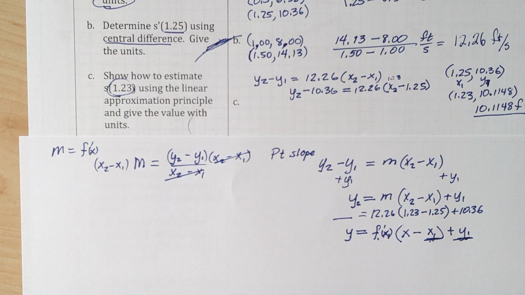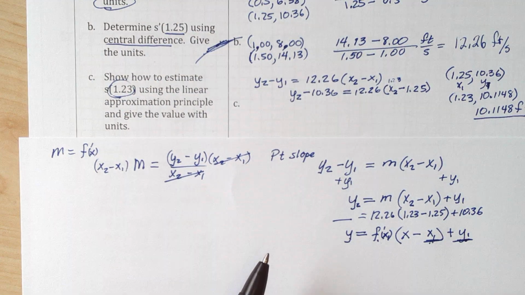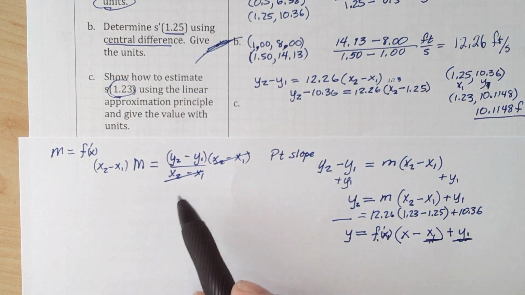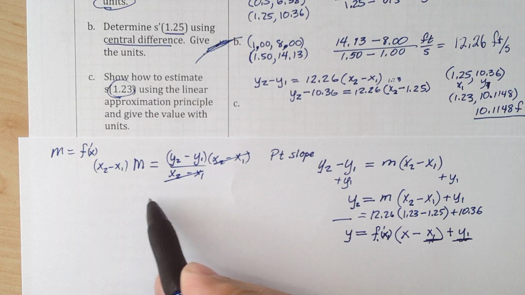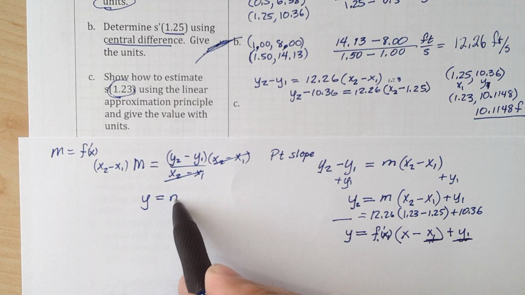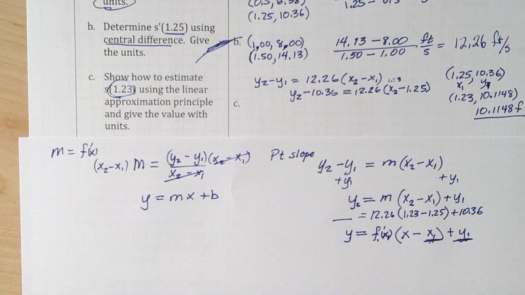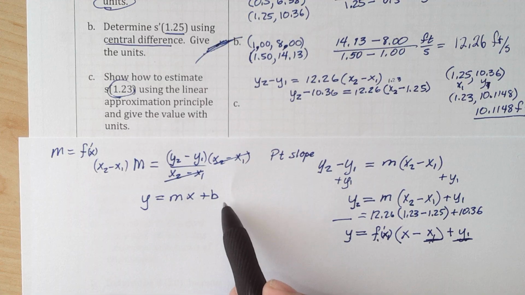Now, what I taught in the class before this was I just used the y equals mx plus b, thinking that might be easier for you. So we want to get an equation for the tangent line.